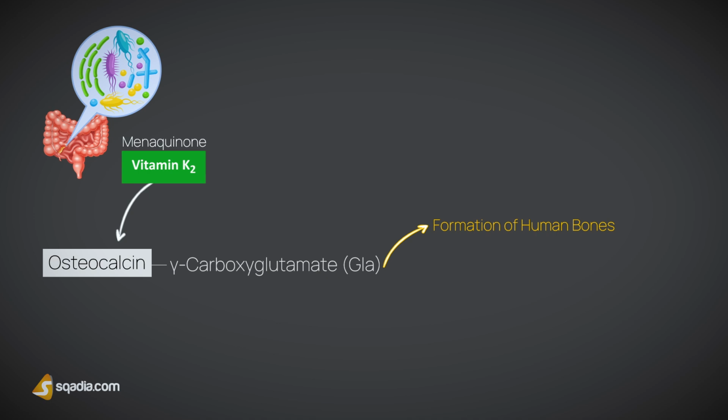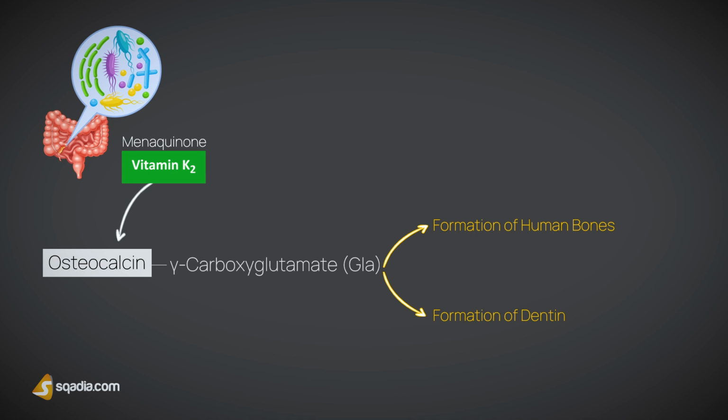Osteocalcin is also known to trigger the formation of dentin, that is the calcified tissue in the teeth. Therefore, vitamin K2 is important for the maintenance of healthy teeth. The other vital role of vitamin K2 is in the inhibition of calcification in the blood vessels, and this maintains heart health.